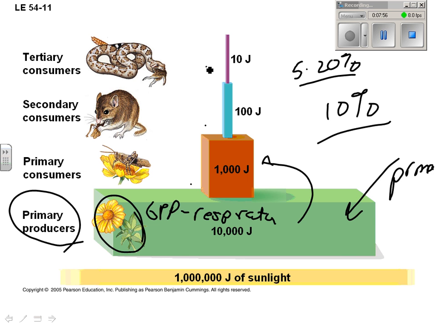So the general rule is the 10% rule. That 10% of the energy that was available here, there was 1,000,000 joules of sunlight here, 10,000 available for the grasshopper, 1,000 available for the shrew, 100 available for the snake.